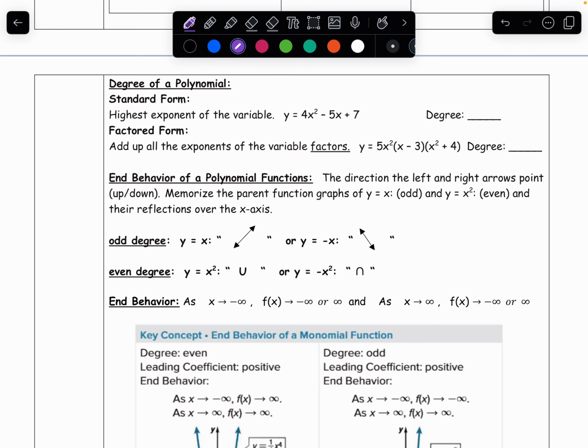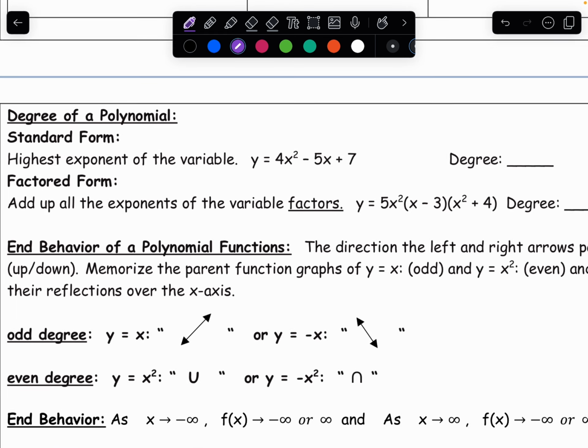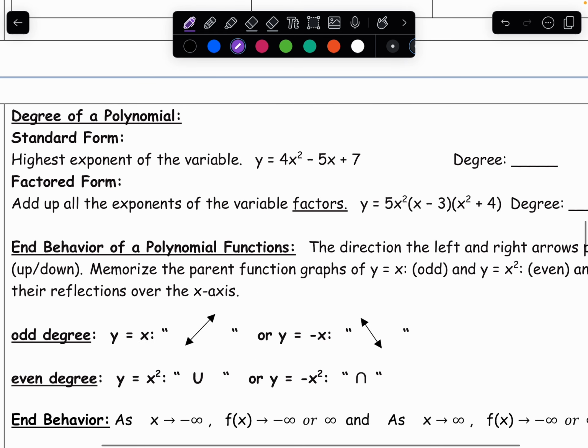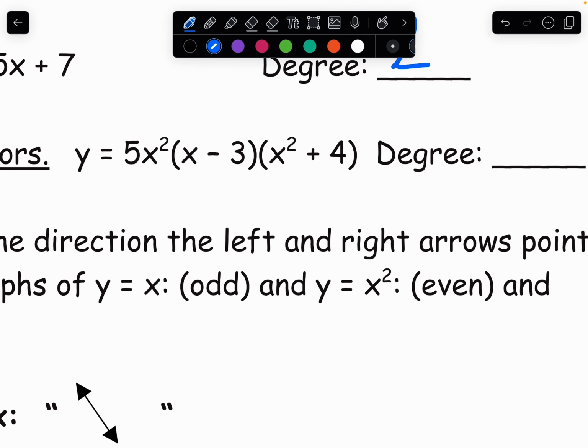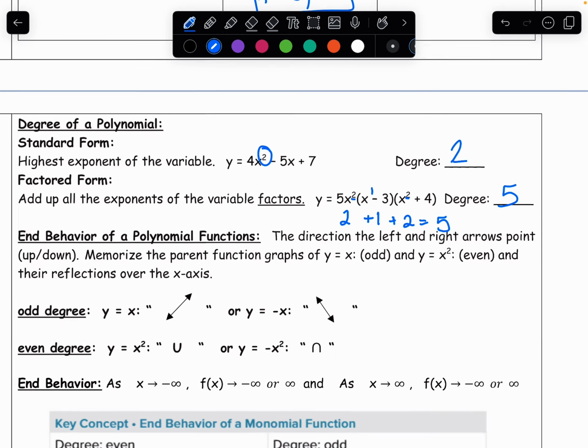So in standard form, it's your highest exponent. So our highest exponent is 2, so our degree is 2. In factored form, we add up all the variable factors. So like this is 2 plus 1 plus 2 is 5, and so our degree is 5.